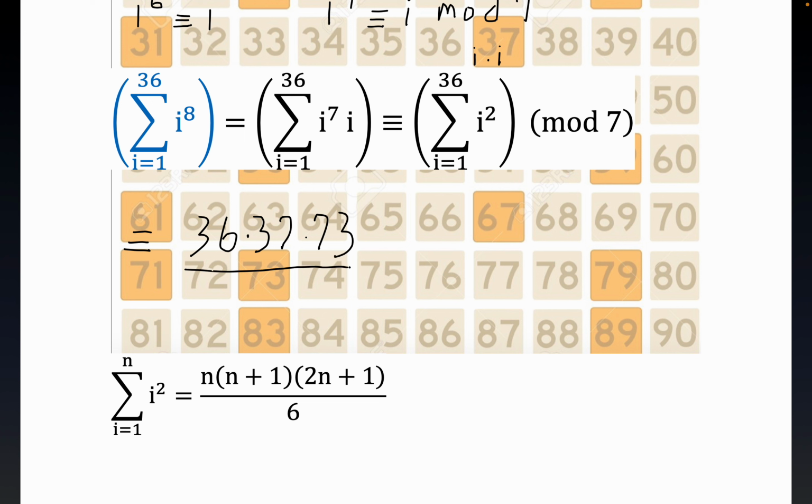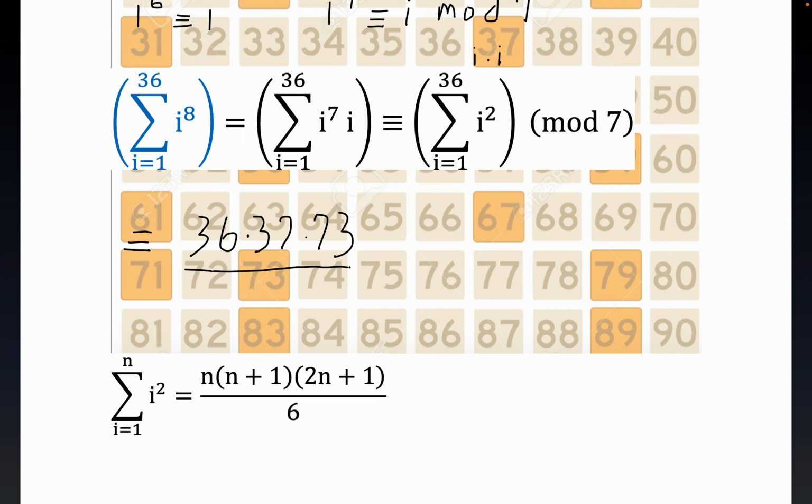Probably actually technically this sum right here, we can put congruence if you want to because we're doing mod 7, but anyway, maybe better suited to put an equal sign here. I should put mod 7 here just to justify the congruence, but anyway, we won't be too picky about it. So this is 6 times 37 times 73, right?